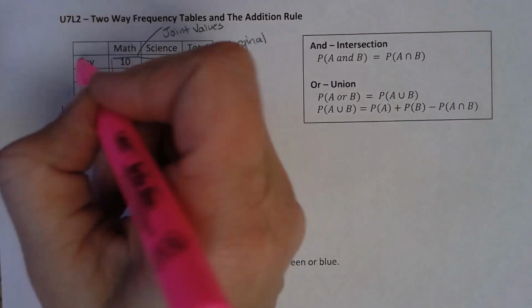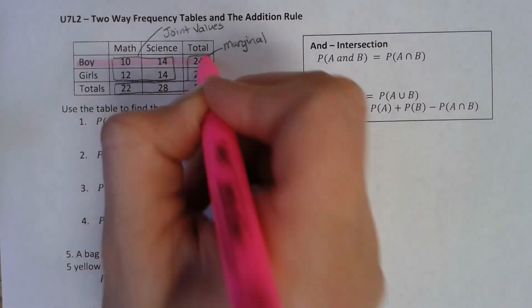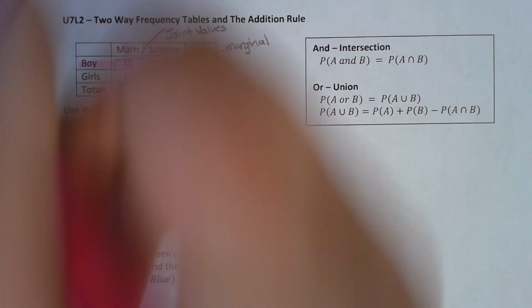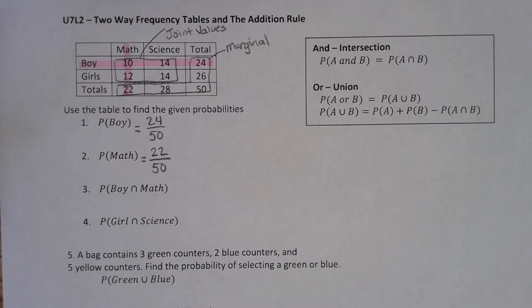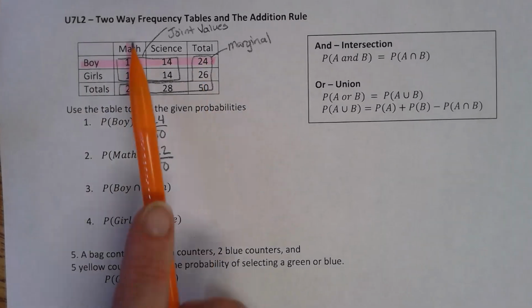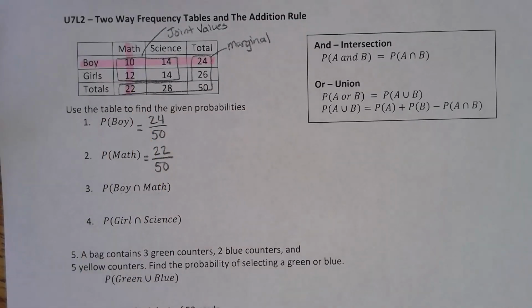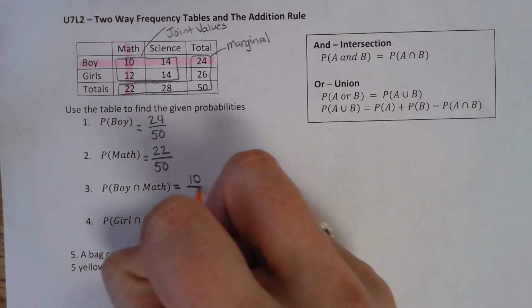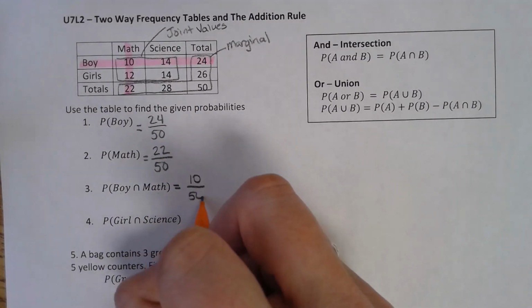Here are the boys that responded to the survey and liking math. Notice that is 10, the intersection, so it's where those columns and rows intersect. So 10 out of the 50.